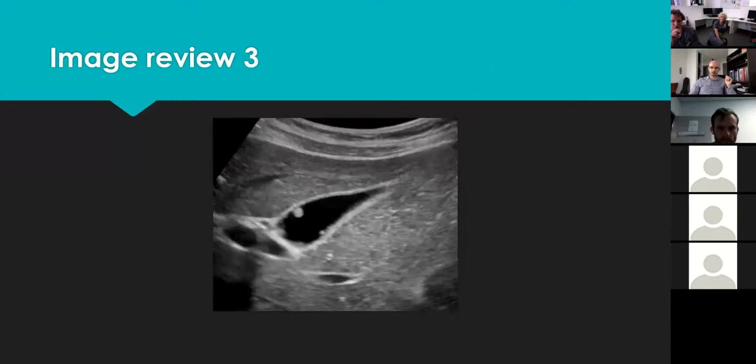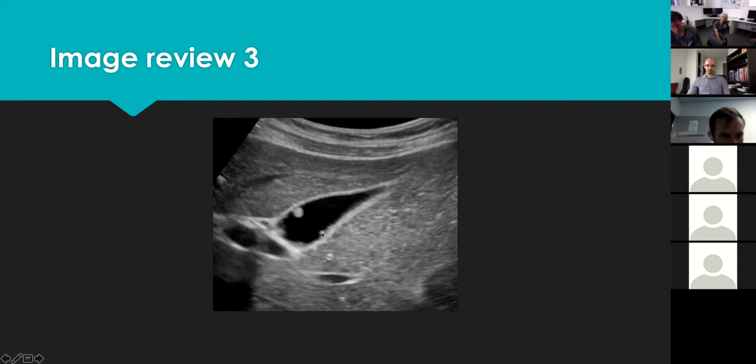Now, this one, Ramsey, do you want to comment on this? All right. I'm not entirely sure what I'm looking at, but it probably is the gallbladder, and there is a hyperechoic structure up there on the anterior wall, which again does not have a clear acoustic shadowing. There's another one on the posterior wall as well, very tiny, which could be consistent with polyps, intramural polyps.